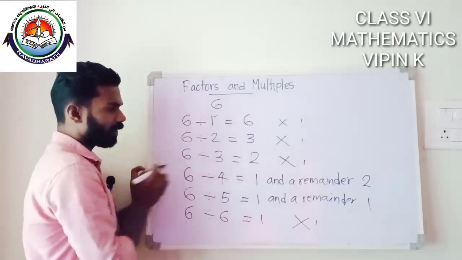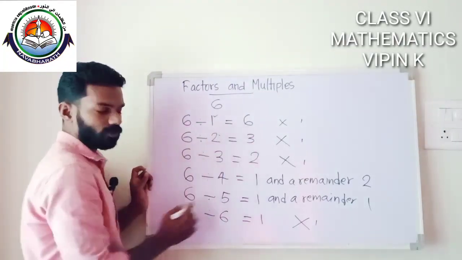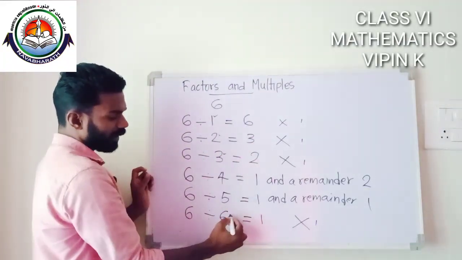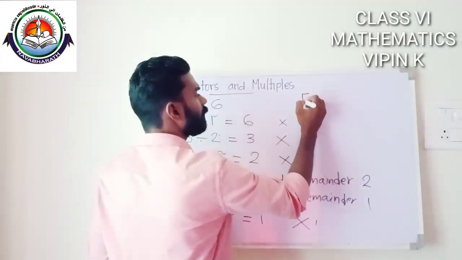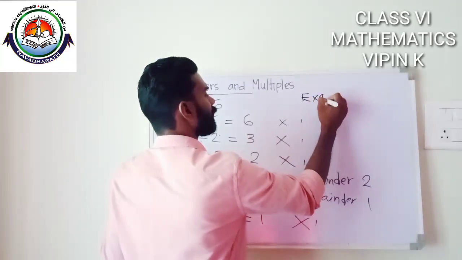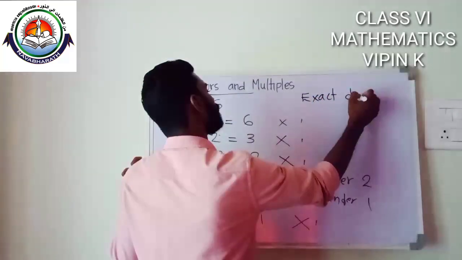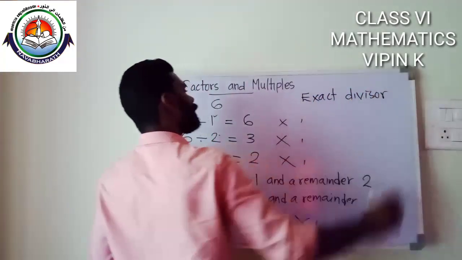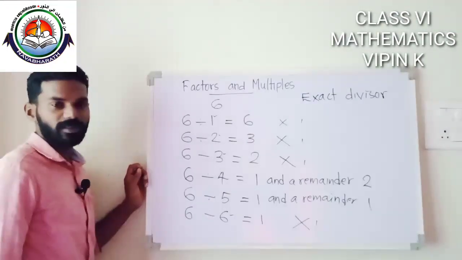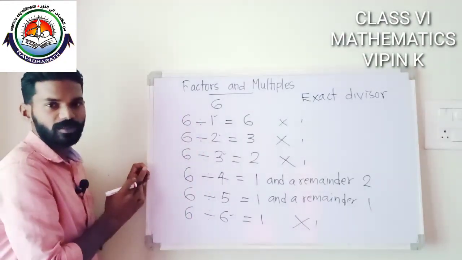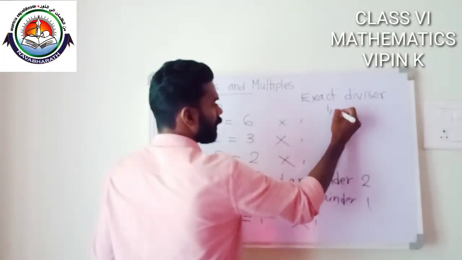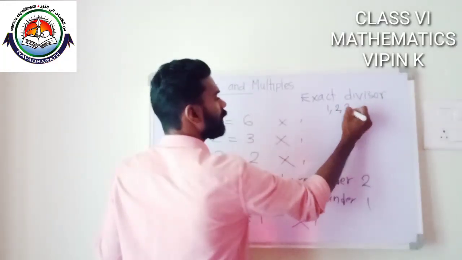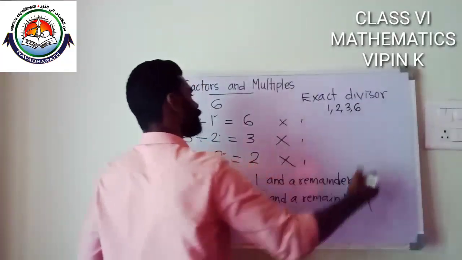The divisor 1, the divisor 2, the divisor 3 and the divisor 6, they are exact divisors. So in the case of 6, we can see that the exact divisors are 1, 2, 3 and finally 6.